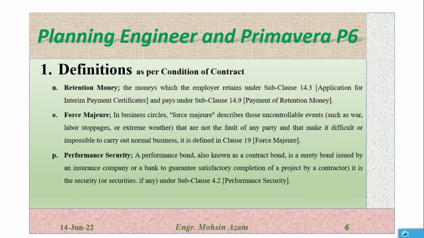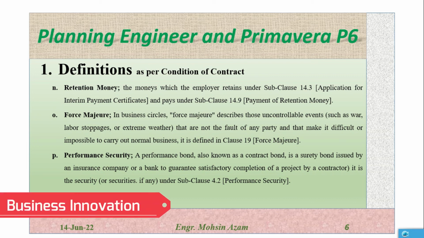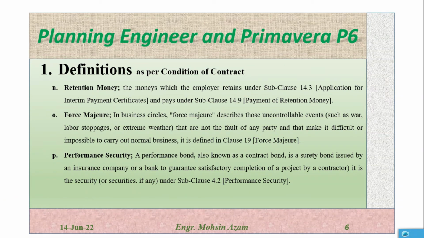Performance security. Performance security is actually a performance security bond. This is a bond, also known as a contract bond. It is a surety bond issued by an insurance company or bank to guarantee the satisfactory completion of the project by the contractor.